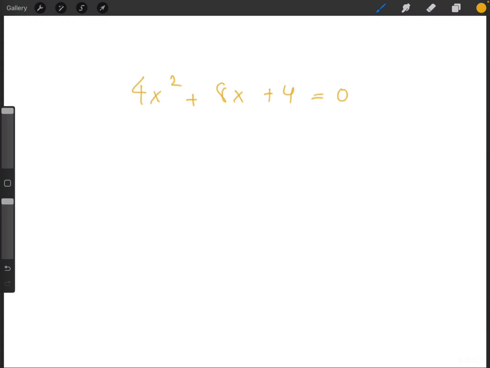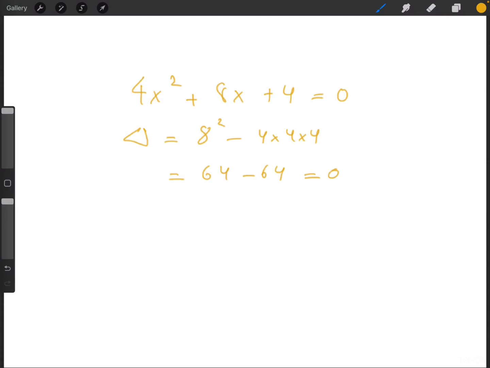So we go ahead and find delta, which equals b squared minus 4ac, which is 8 squared minus 4 times 4 times 4, which equals 64 minus 64, which equals 0.